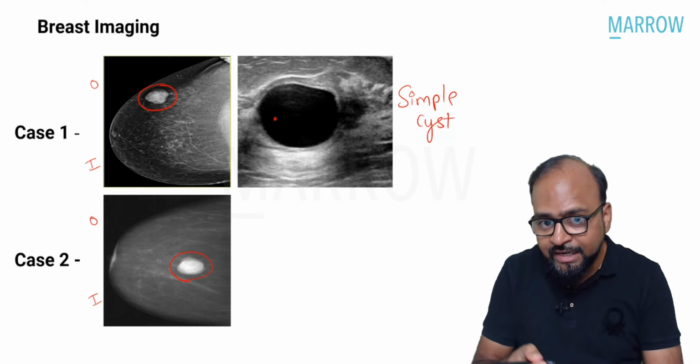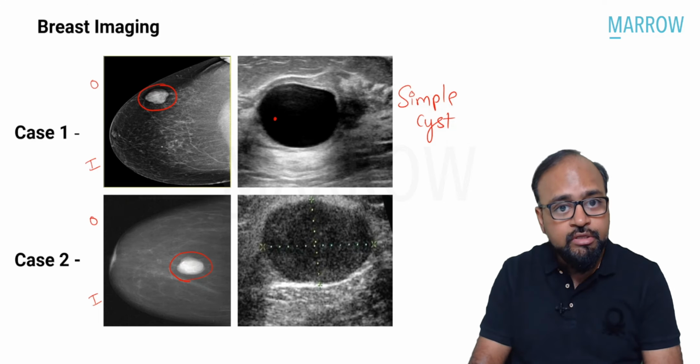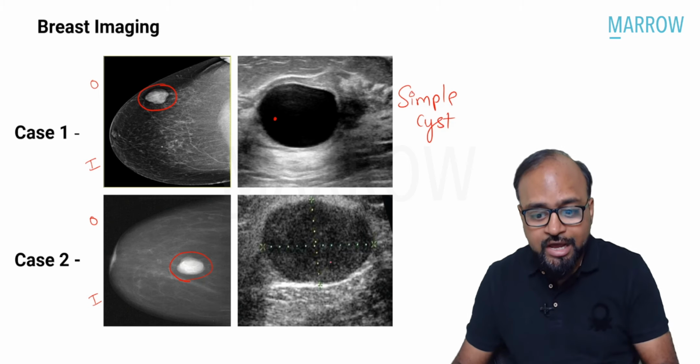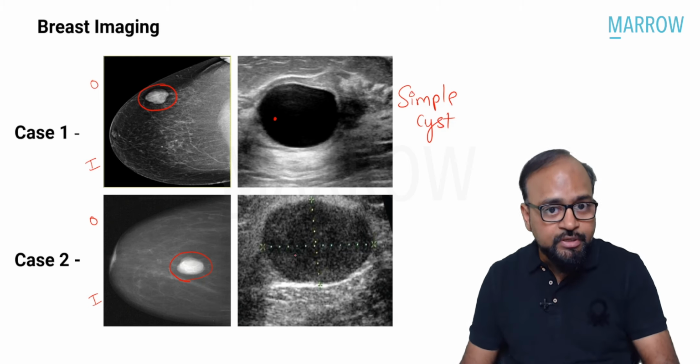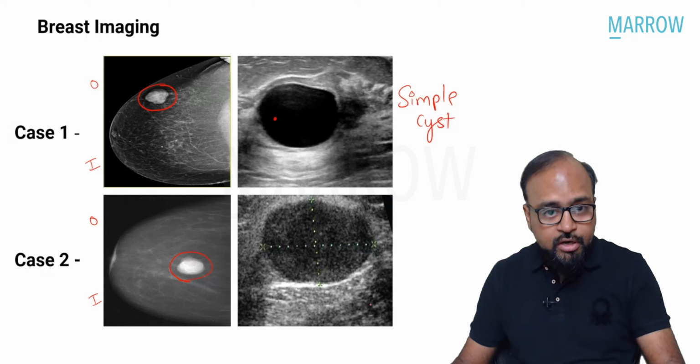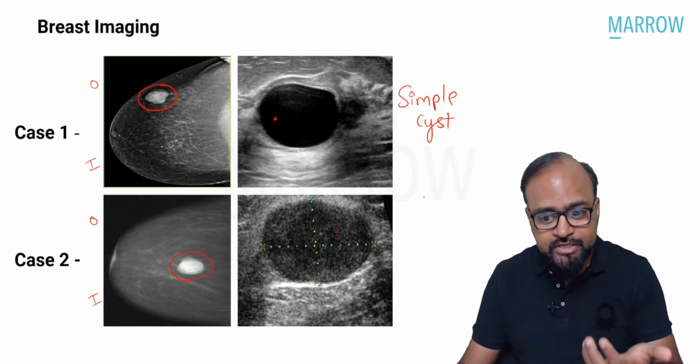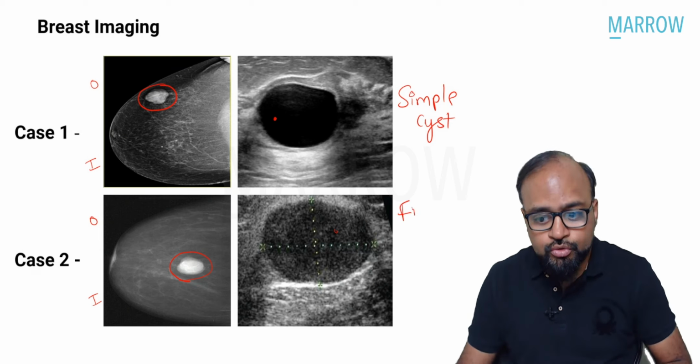Whereas in the second lesion, when we did an ultrasound, the lesion was not cystic, it was solid, right? It was a hypoechoic, solid appearing lesion, right? With posterior acoustic enhancement. So based on this appearance, this was the most common benign lesion which is found in the breast. And what is that? This was diagnosed as a case of fibroadenoma.